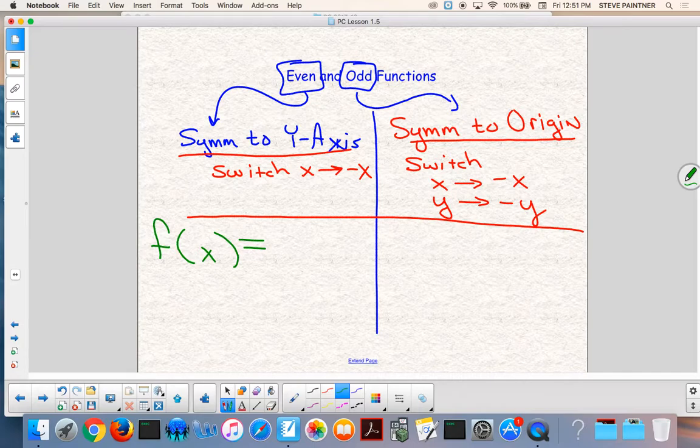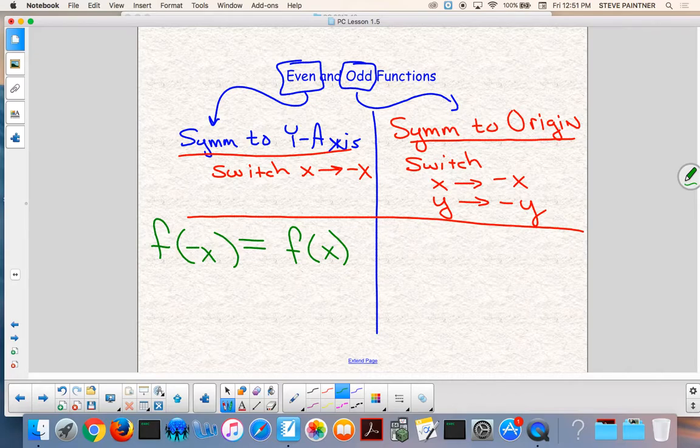How do I do that? f of negative x. Just make x negative. Then you work this out, and if it equals your function f of x, you say yes, it's even. You stick the negative x in, work it out, and if it looks exactly like what you started with, it's good.